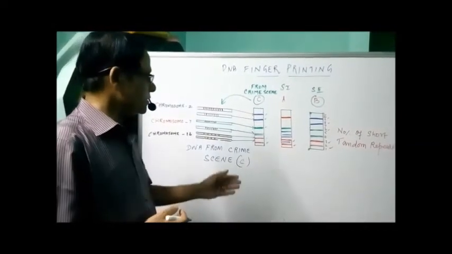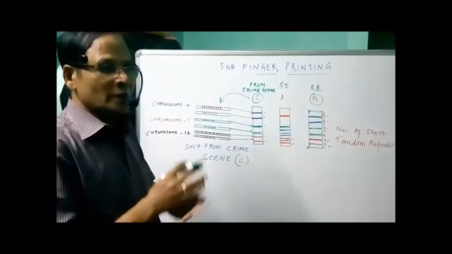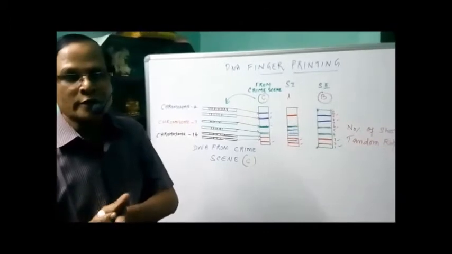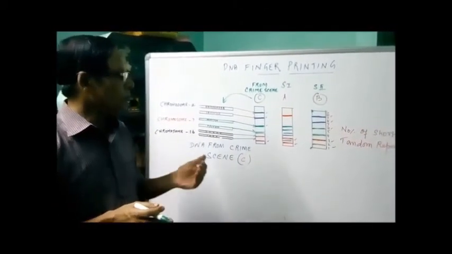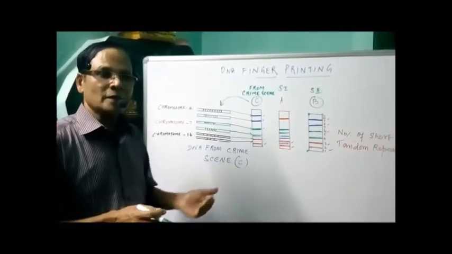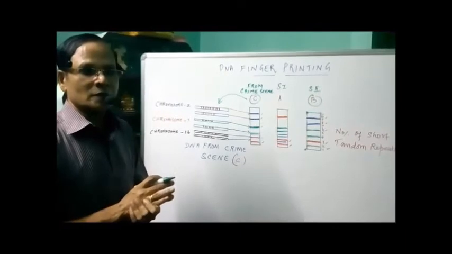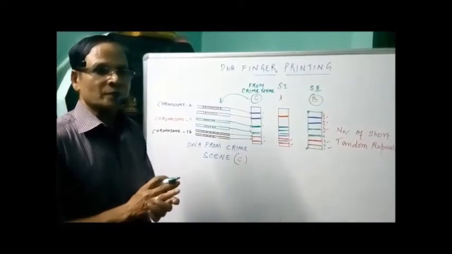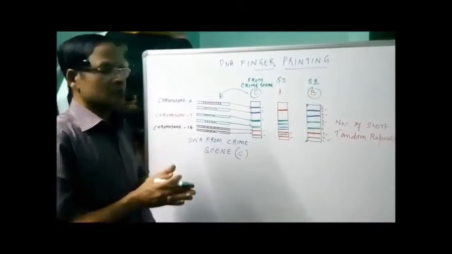The same VNTR banding pattern is also used to establish identity in the case of a homicide victim, using either DNA or the body itself. So we can find out the identity of the homicide victim, either from the DNA or from the body of that person.